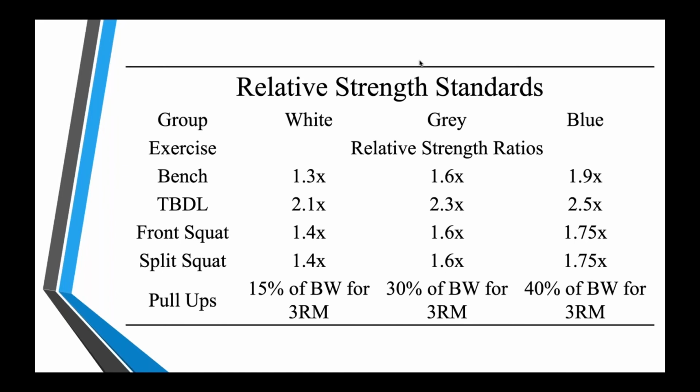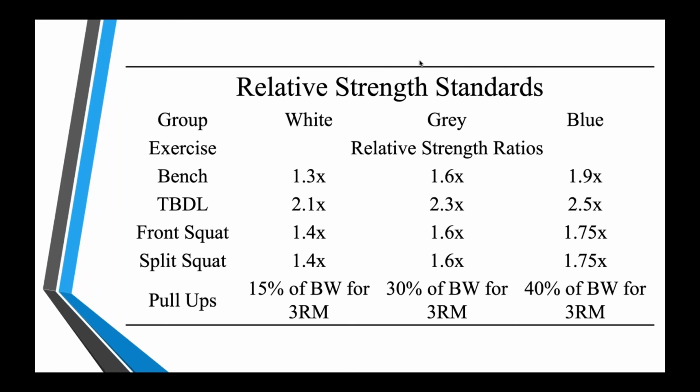So if I'm talking about relative strength standards, I have 3 groups. White, which is our freshmen and our first year transfers. Gray would be our second year players, some third, and then blue would be third and our fourth year players. And these 5 core lists are what we focus in on: bench, trap bar deadlift, front squat, split squat, and pull-ups.